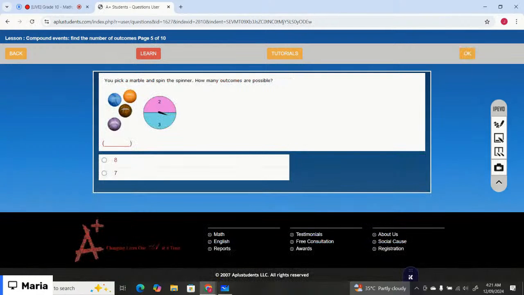Okay, the next one is: you pick a marble and spin the spinner. How many outcomes are possible? Which is the correct option?